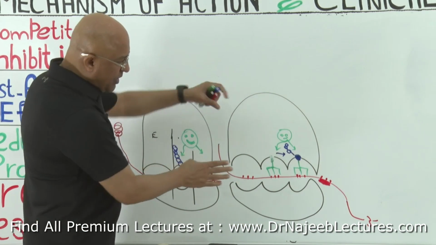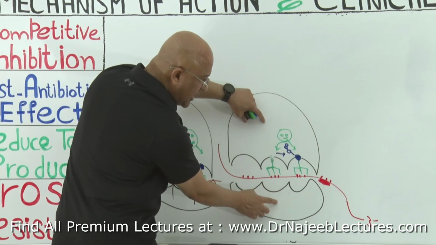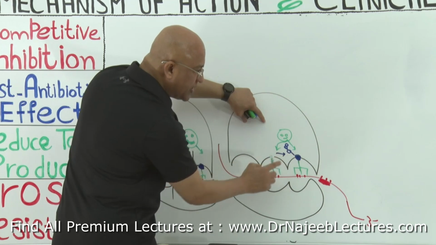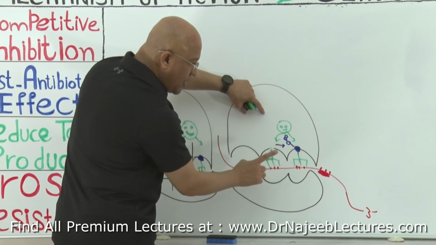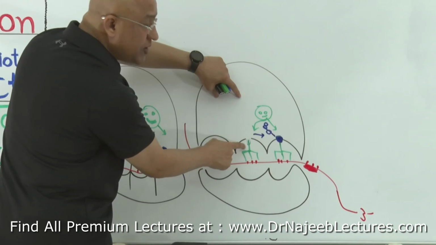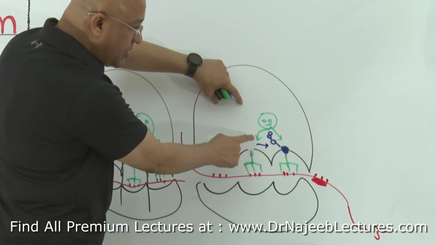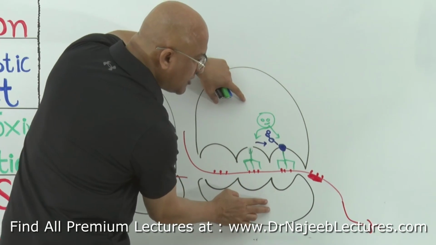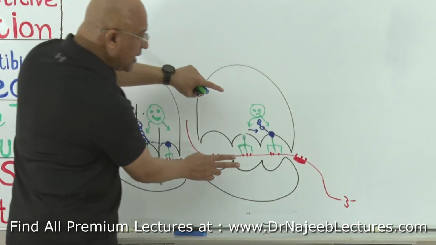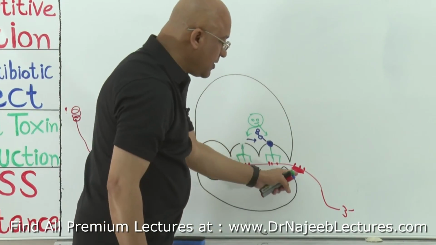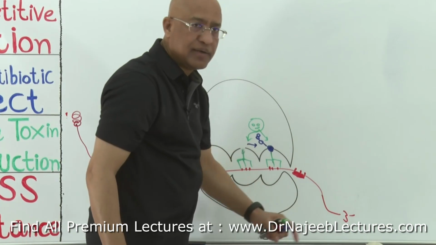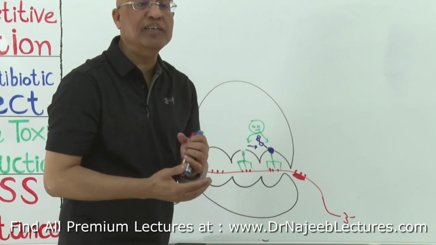Now what will happen? Once transpeptidation is done, and the P site is not having any amino acid, the 50S and 30S ribosome will slip towards the 3' end. How much will it move?